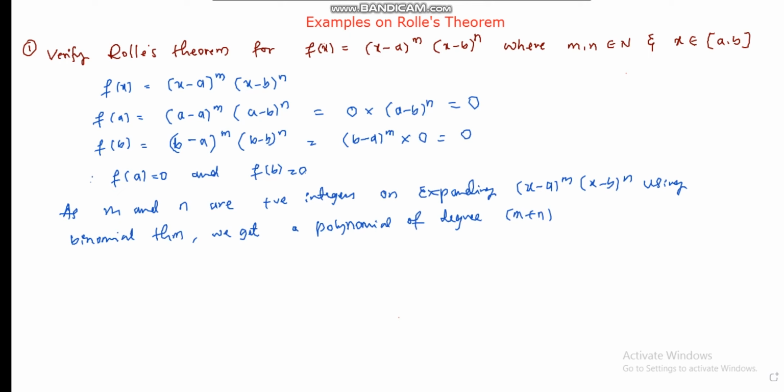So the first condition is, we know that this is a polynomial. Since f of x is a polynomial, we know that if it is a polynomial, it is continuous for all x.